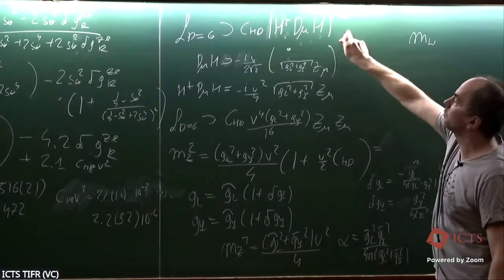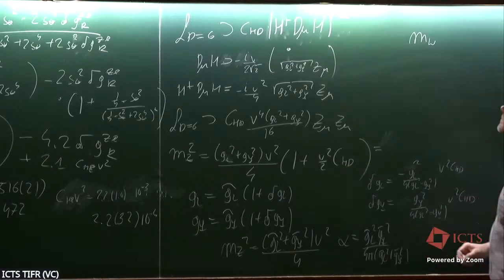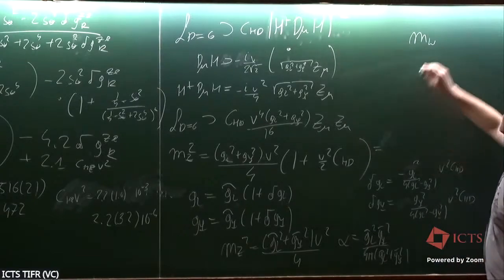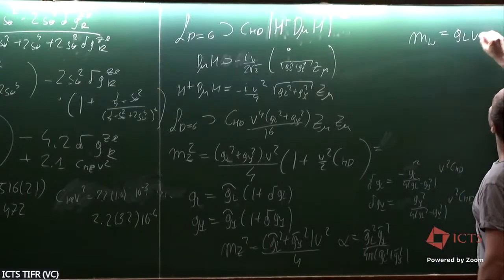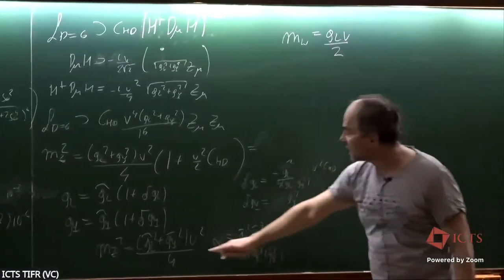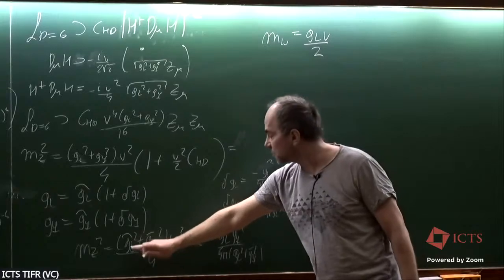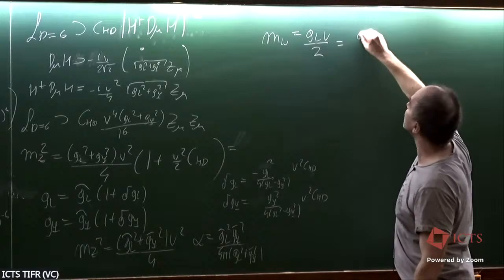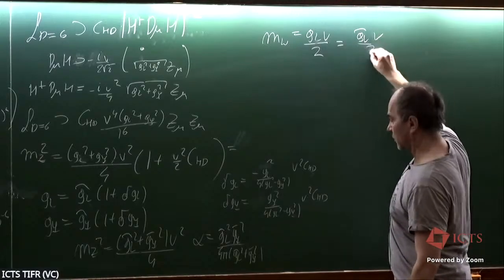So we are assuming here that MW is the only operator for the moment. MW was given by GL V over 2. So what we actually determine from the input is not GL, but GL twiddle. We have to express it by something we know, which is GL twiddle, V over 2.